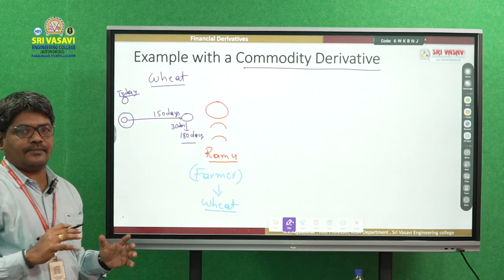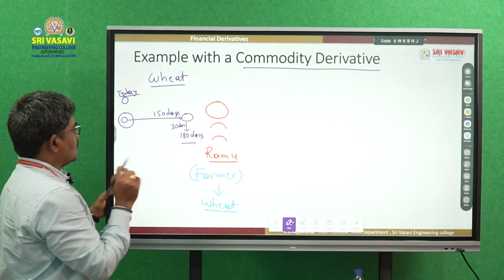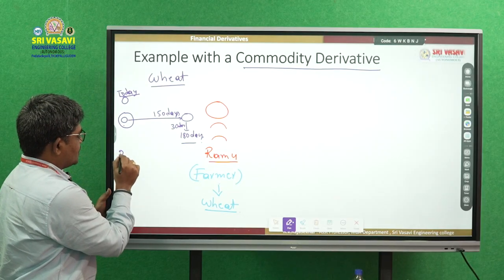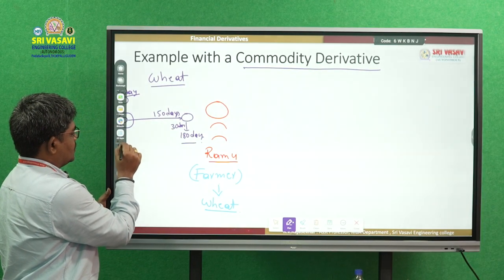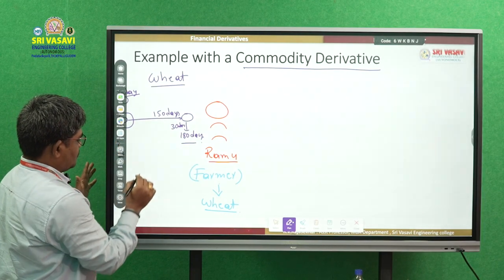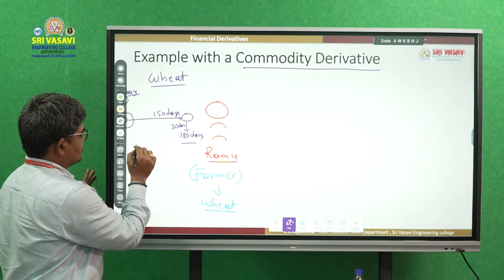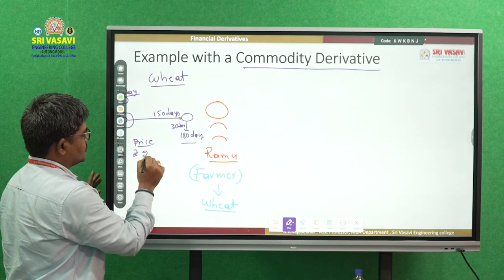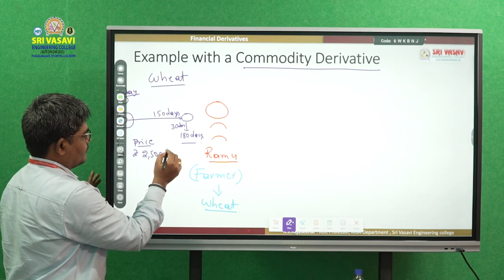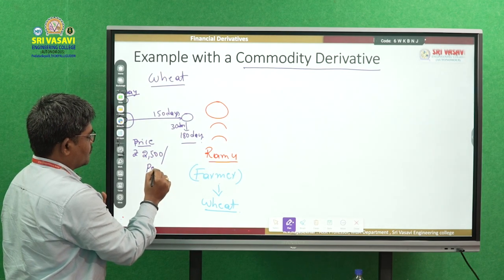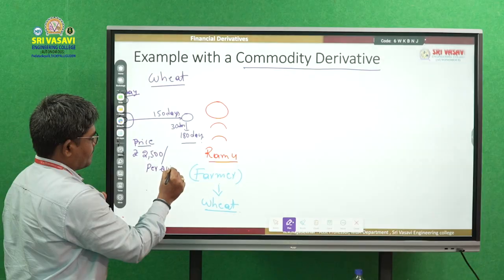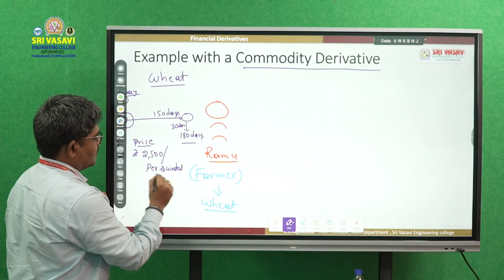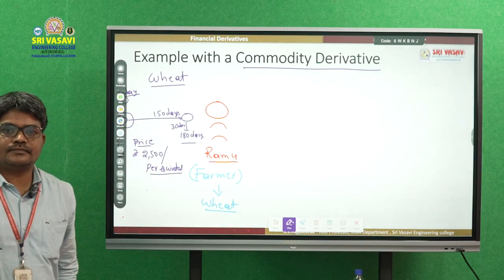Where are we now? We are in the today scenario. Now, today, what is the price of wheat? Let us take today's price of wheat: 2,500 per quintal.